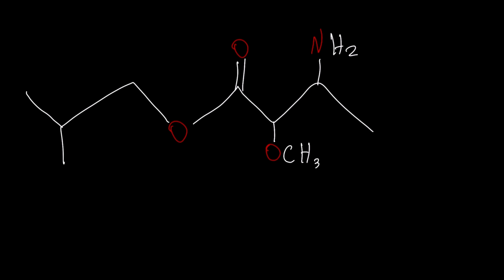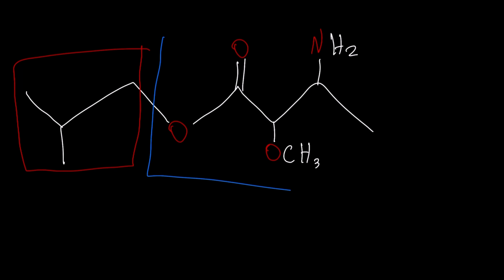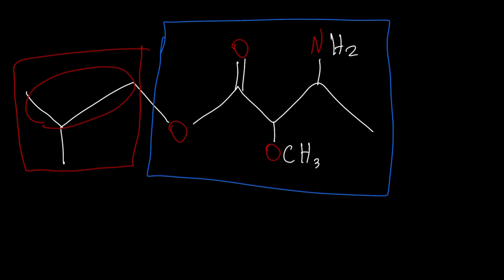So go ahead and try to name this compound. To start, let's divide it up into two sections again, and we're going to name the left side first. So far we've only looked at straight chain alkyl groups, but in this case our longest chain here is going to be 3 carbons, so that's propyl.